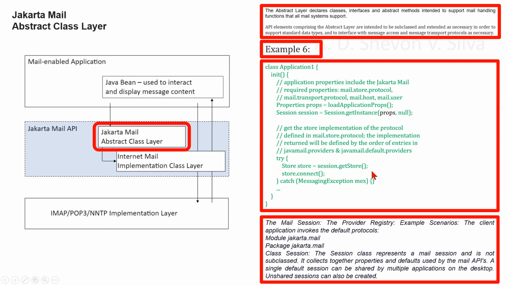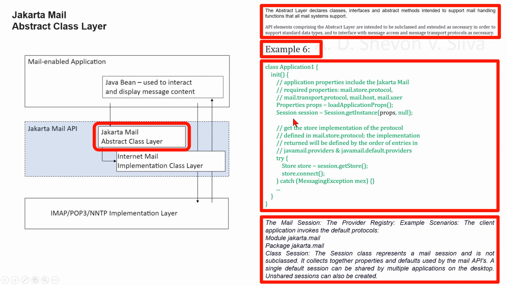Now we are considering example scenarios in the provider registry in the mail session. The client application invokes default protocols. The class Session in package jakarta.mail in module jakarta.mail.